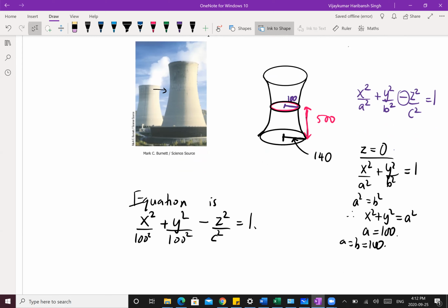Now, how do we go about this? We want to find out what c is, right?